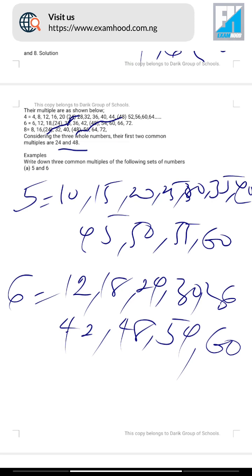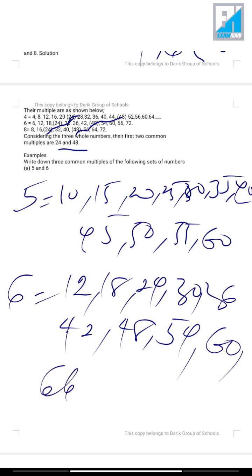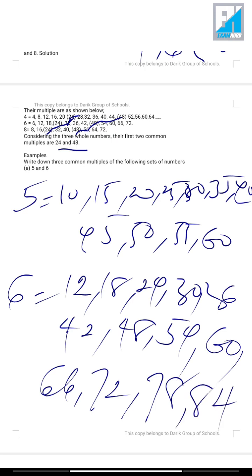But here we are being asked to get the first 3. After 60, we have 66, 72, 78, 84, and plus 6 is going to be 90.